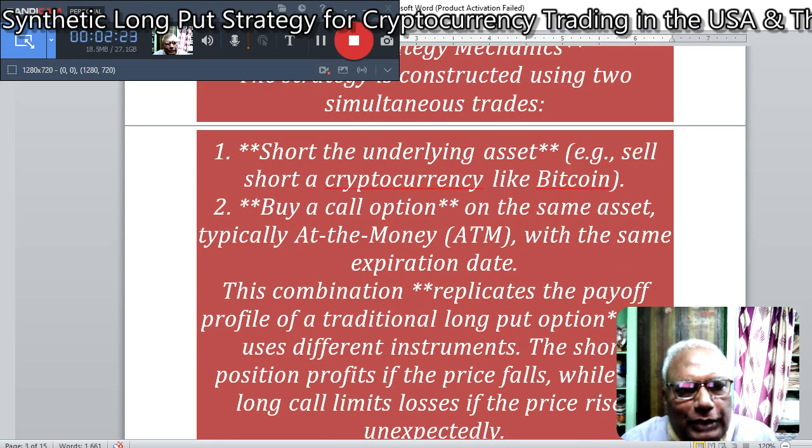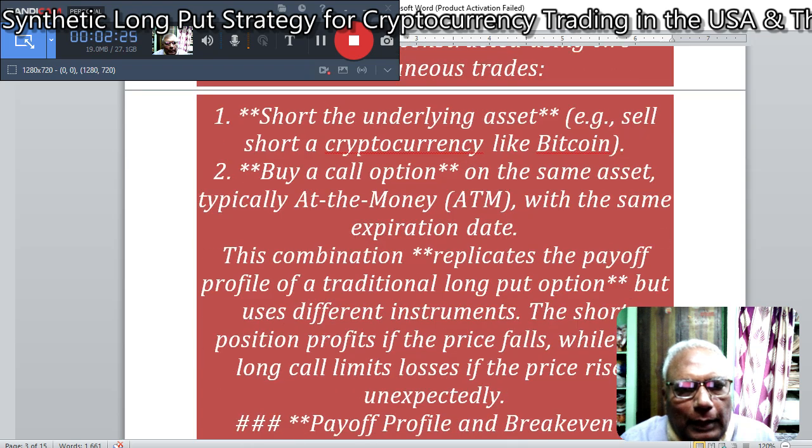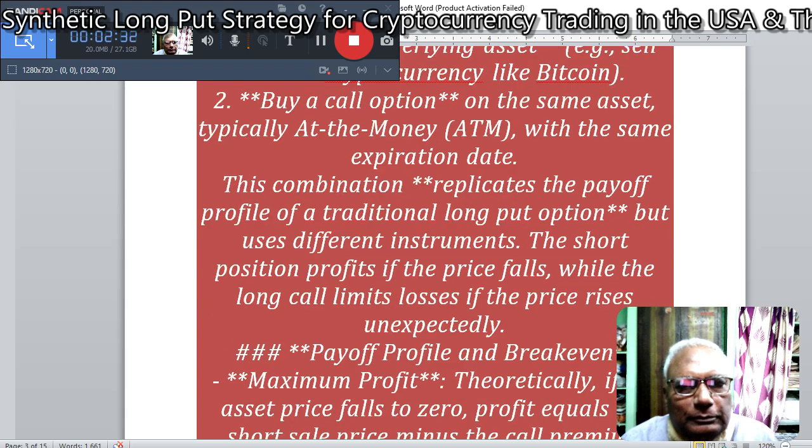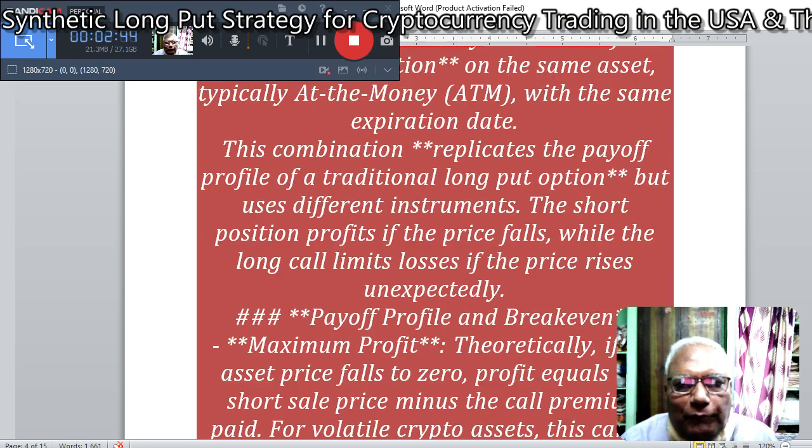This combination replicates the payoff profile of a traditional long put option, but uses different instruments. The short position profits if the price falls, while the long call limits losses if the price rises unexpectedly.